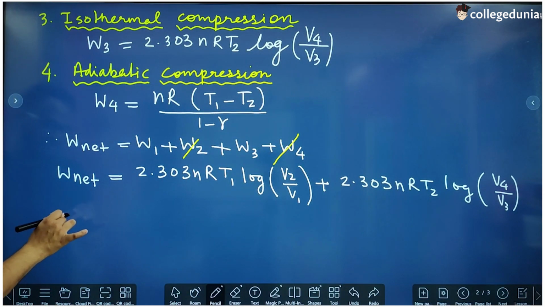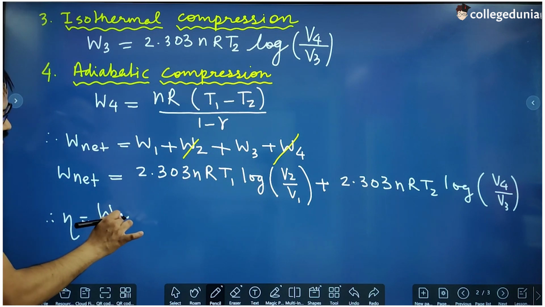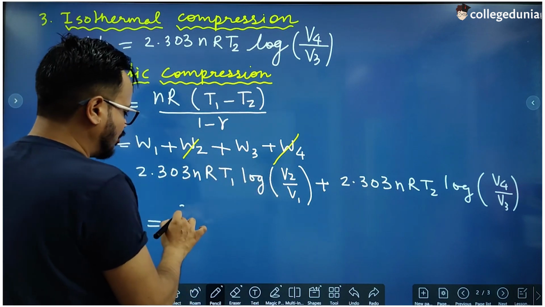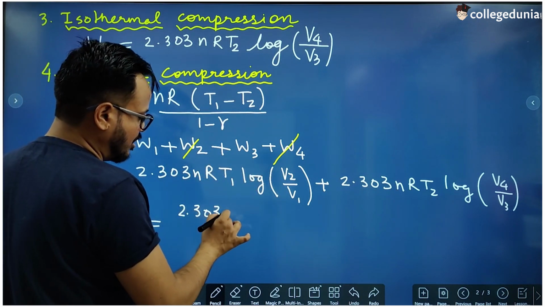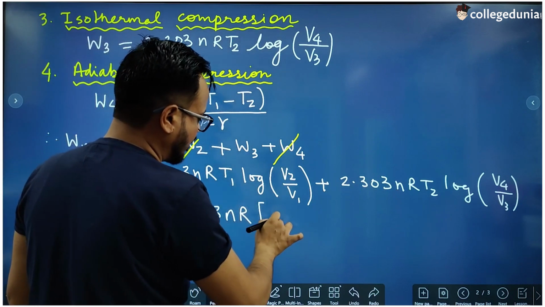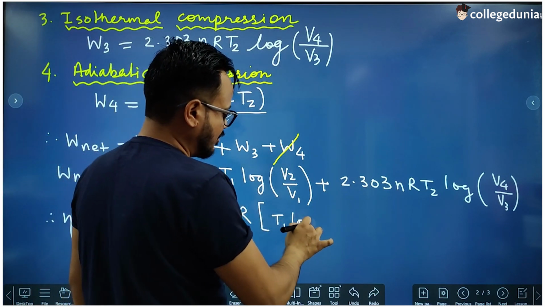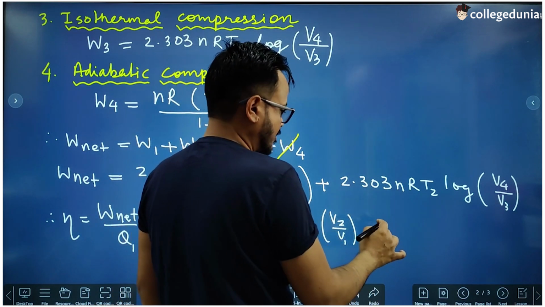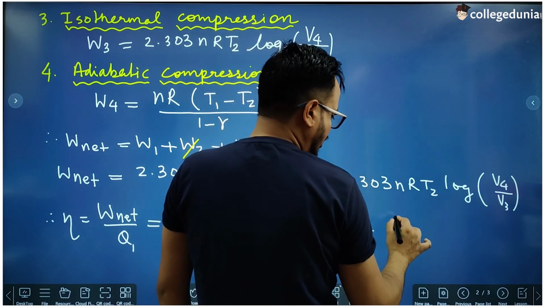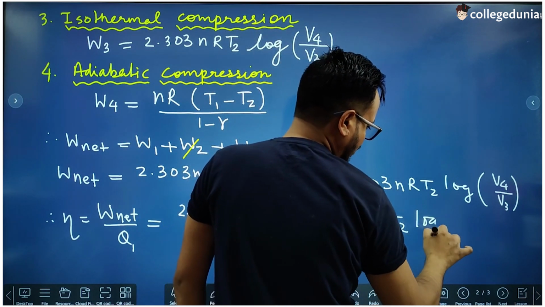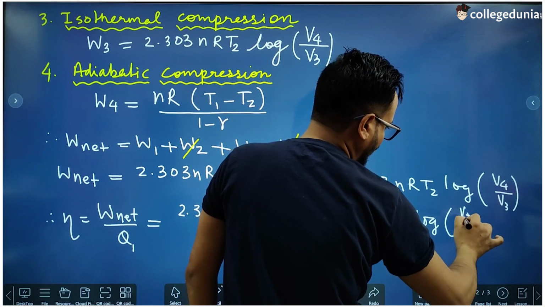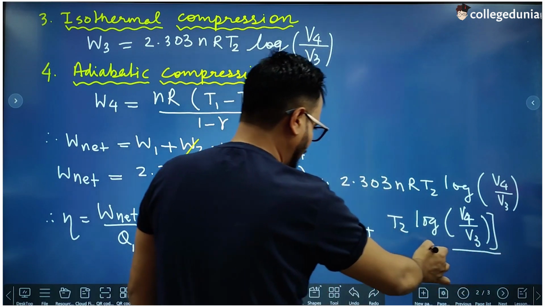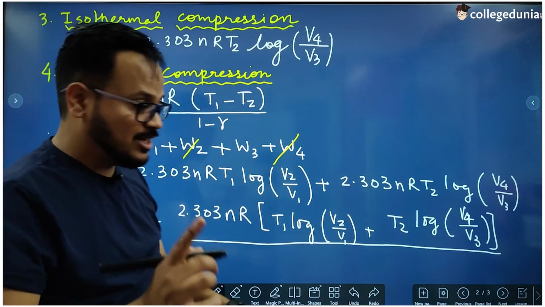Therefore, efficiency, which was W net divided by what? Q1. So if you add these two, let's take 2.303 common, n is also common, R is also common. Here T1 is left, log V2 by V1 plus T2 log V4 by V3, divided by Q1. And what was the value of Q1? What was the value of Q1?